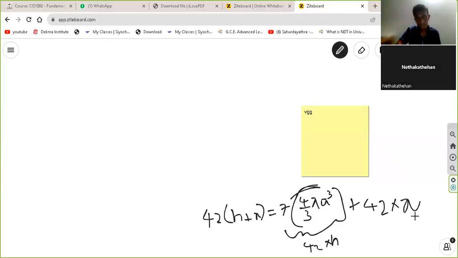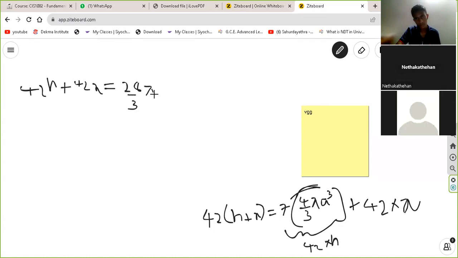Then we have to substitute 42 into h. We write 42h plus 42x equals 28/3 into 5a to the power 3 plus 42x.